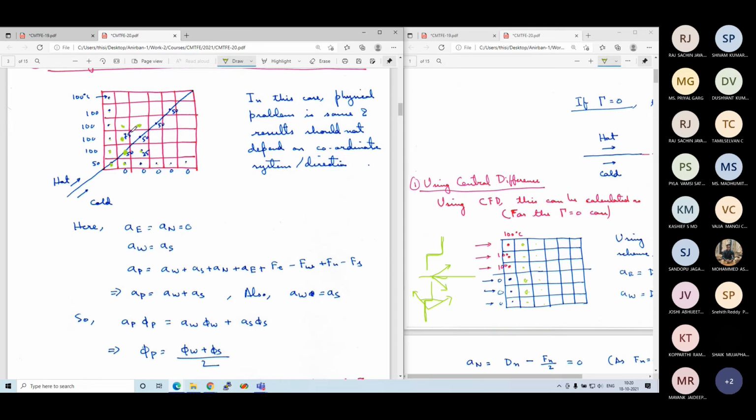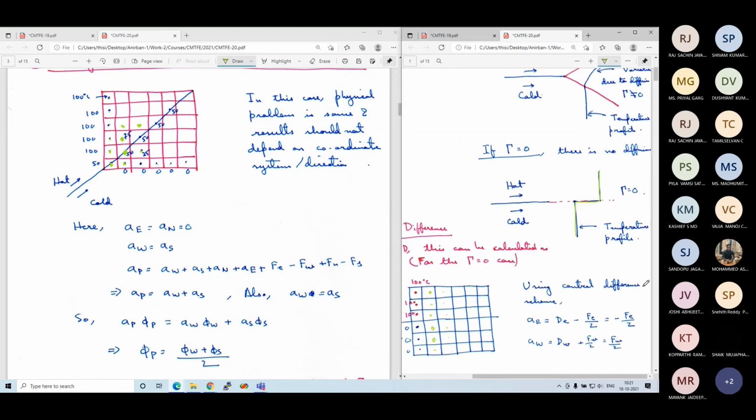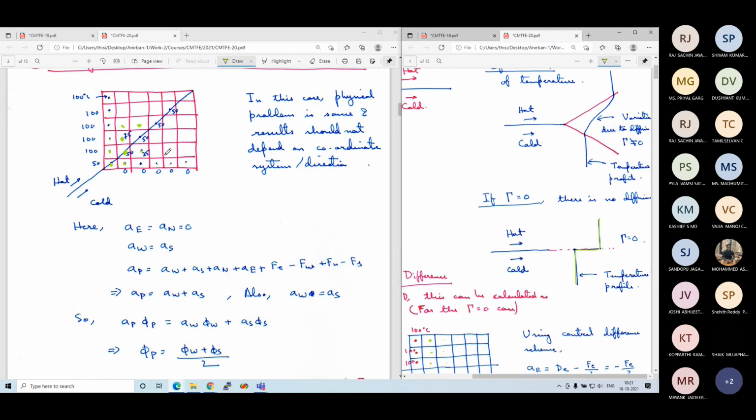So you can see that gradually the temperature profile is spreading. You will see that the temperature profile becomes like this in the flow direction. If I draw the temperature profile, it is becoming like this.